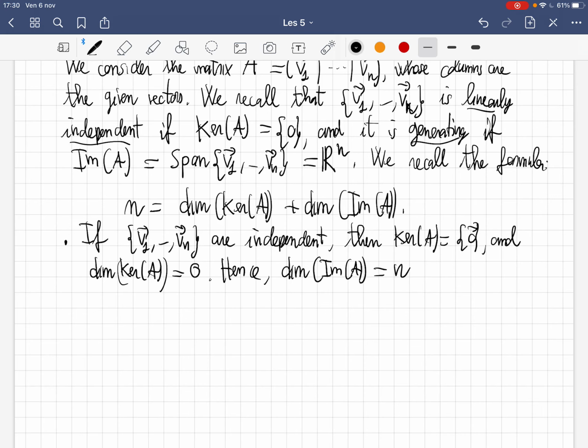Which means that actually the image has to coincide with R^n.